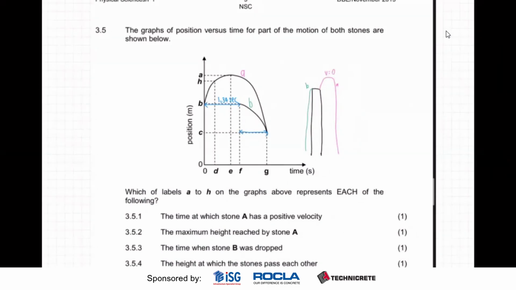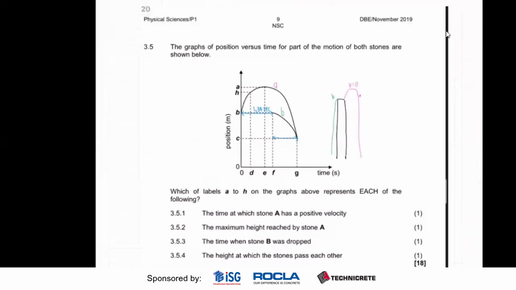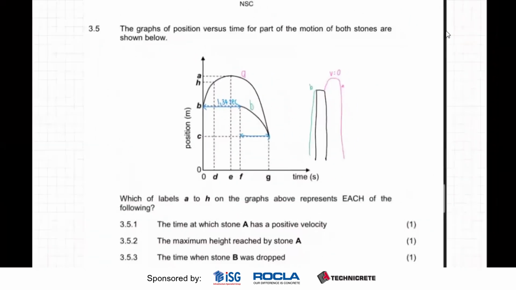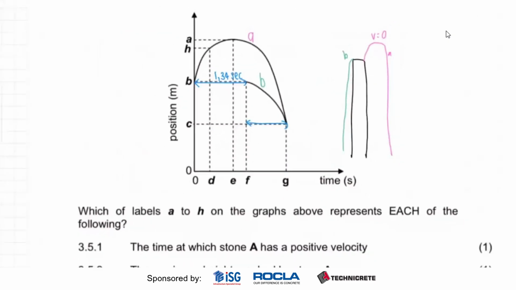That means when is stone A traveling upwards? Its velocity is going upwards because we decided that upwards would be positive, and we also presume from this question that upwards is positive. So what time is stone A traveling upwards?